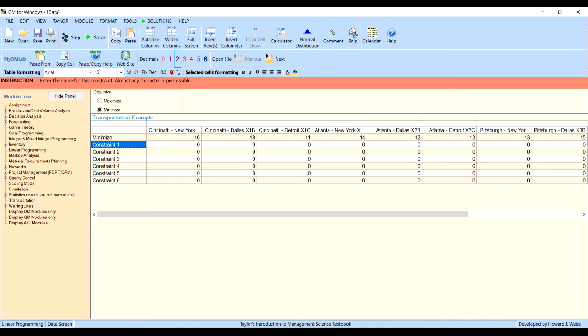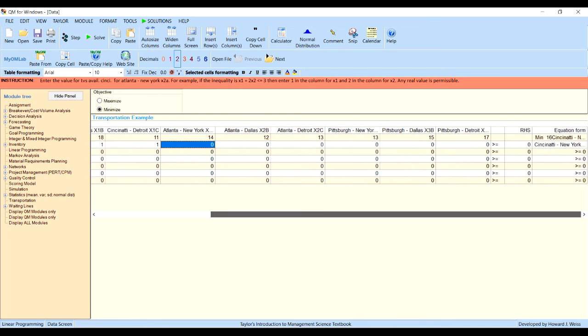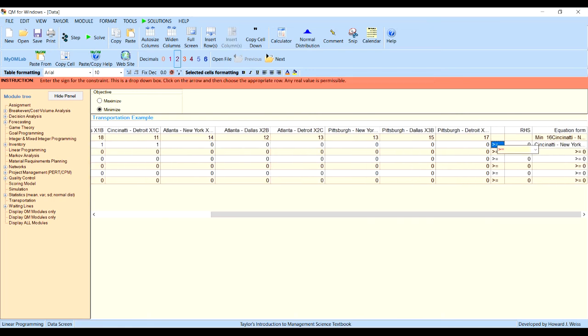When we add our constraints in, the important thing is we name them appropriately. So this first one is TVs available Cincy. And that is X1, X2, X3 must be less than or equal to 300.